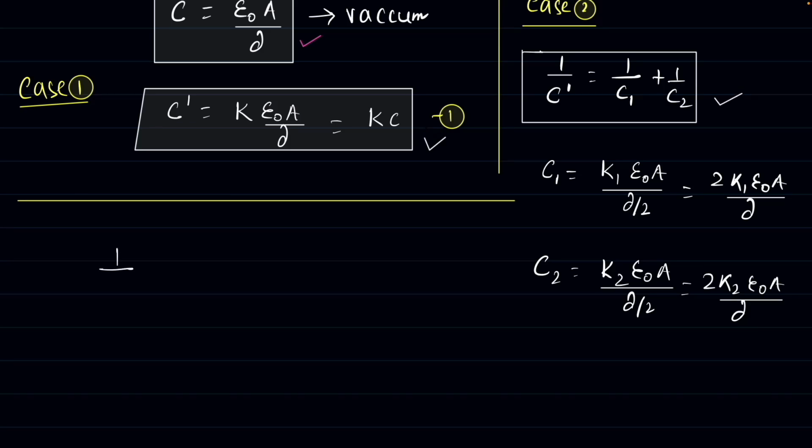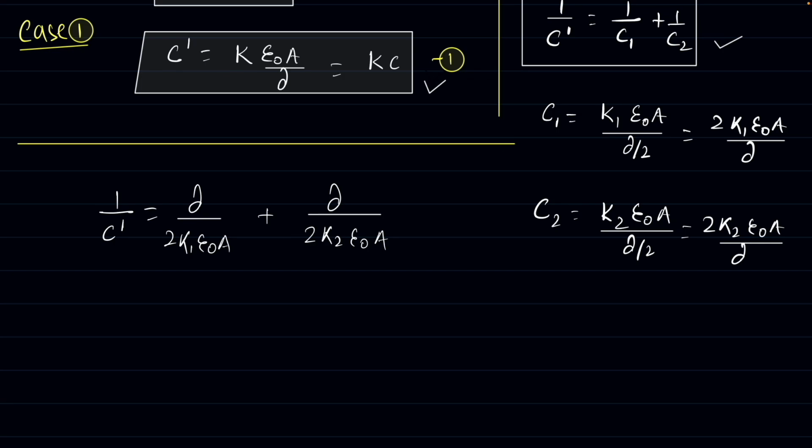Here 1 by C dash is equal to d upon 2K1 epsilon naught A plus d upon 2K2 epsilon naught A. So what common can we take out? The common factor is d by 2 epsilon naught A, and here it is 1 by K1 plus 1 by K2.